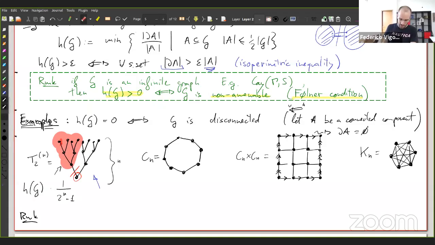And it is easy to check that this is actually equal. So this Cheeger constant is very small when n increases. Okay, this is the first example.